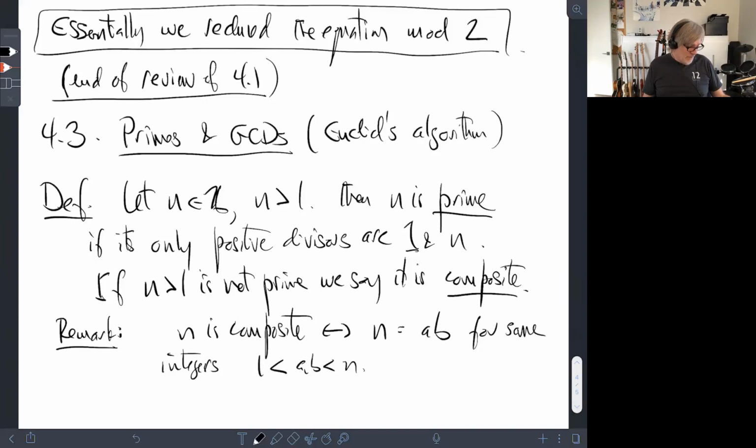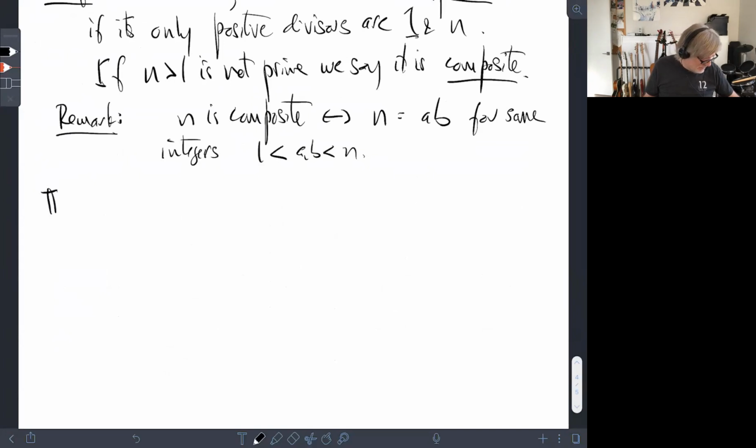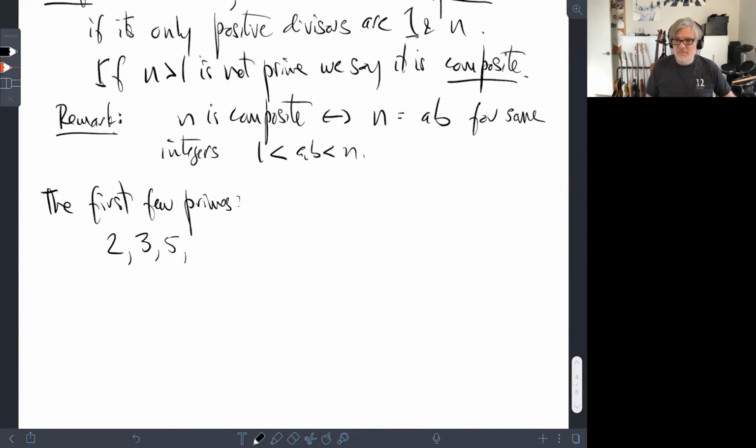So okay, what are the first few primes? Here are the first few primes. 2. There's this old joke, I shouldn't say this, but 2 is an odd prime. Think about it. It's a bad joke. 2, 3, 5, because it's the only even prime, so it's odd in the other. Forget it.